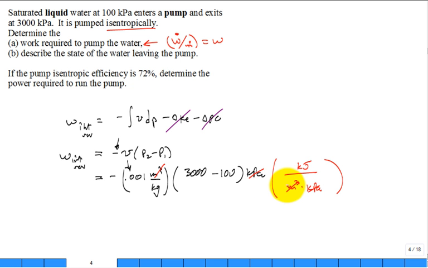So if you have a calculator, can you please, well, you don't even need a calculator. What's 3,000 minus 100? 2,900. Multiply by 0.001. 2.9.